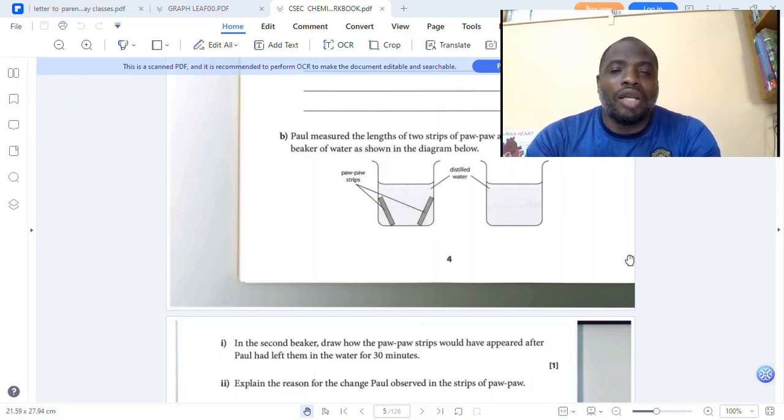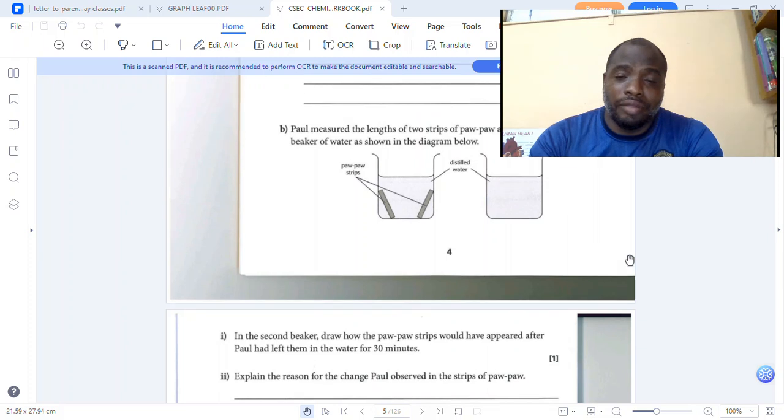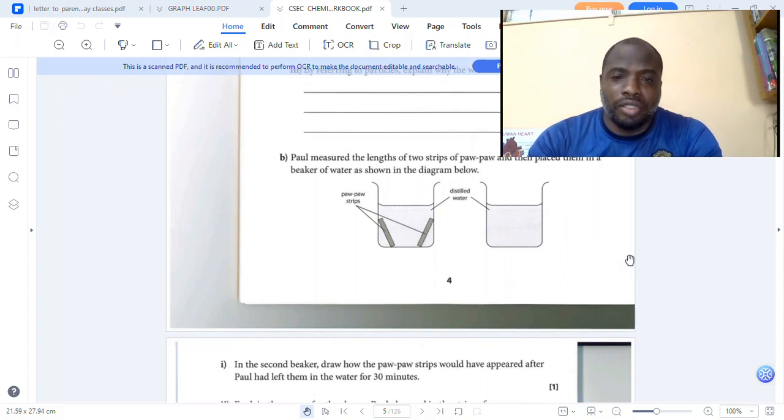So they should look larger than those that are currently in the beaker to your left. And let's talk about it, because we're supposed to explain the reason for the change Paul observed in the strips of papaya. Now we have another phenomenon, another evidence that can support the particulate theory of matter, known as osmosis.